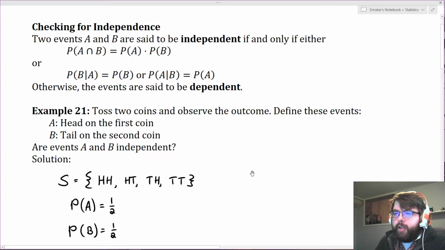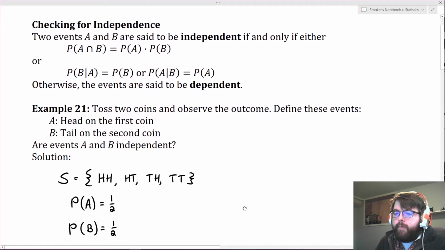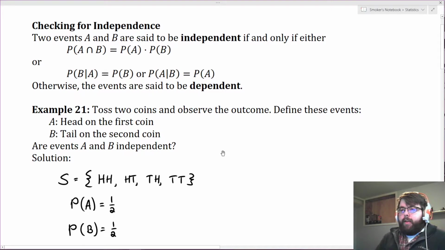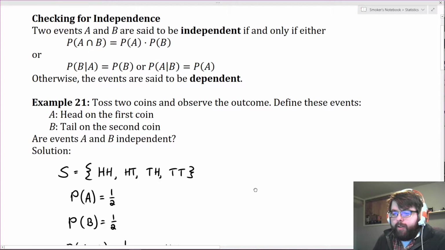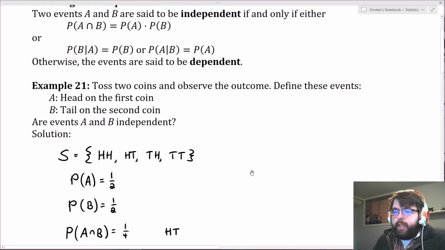So this will be very much like I was verbally saying, and you can see it right now. To test whether or not these are independent events, we're going to find the probability of the intersection of A and B. We have 4 scenarios and they're equally likely. Heads, tails is one of the 4 scenarios of getting A and B, so it's 1/4.